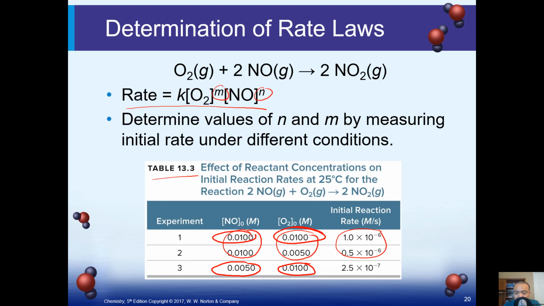In both cases, for example, in experiments 1 and 2 and experiments 1 and 3, you keep one concentration changing and the rest of the concentrations kept constant. Then the rate change must be the result of that one change in concentration. Let's look at the details, how we use the information to determine the reaction rate law.